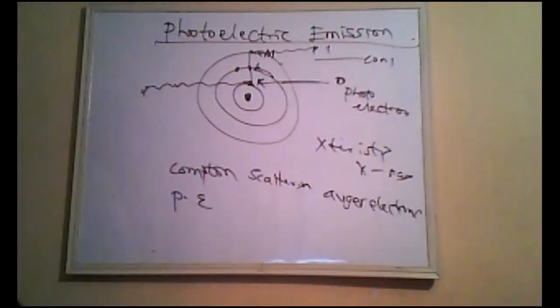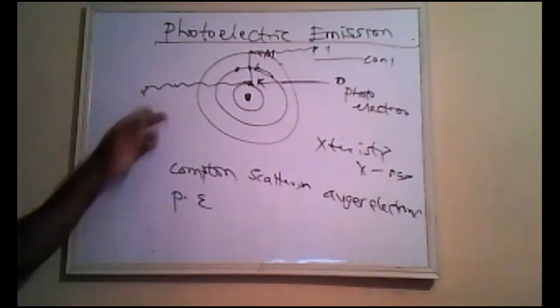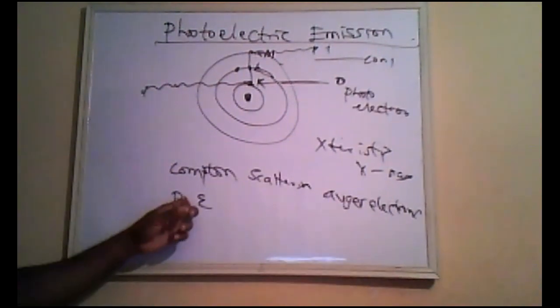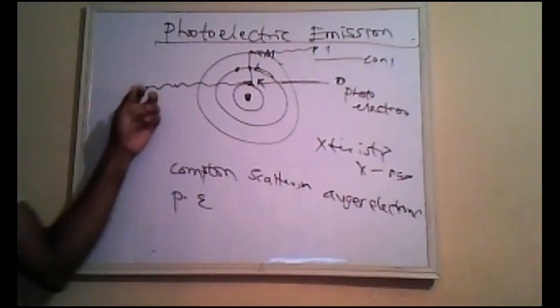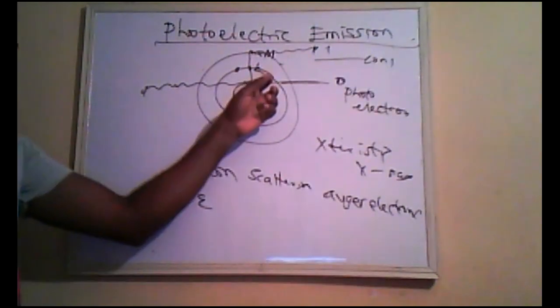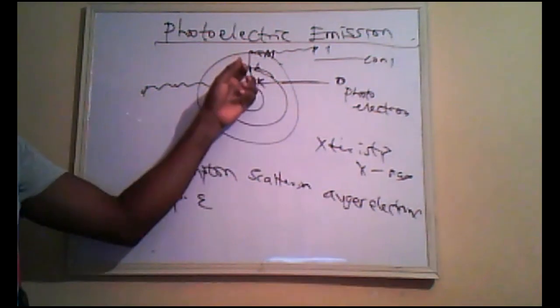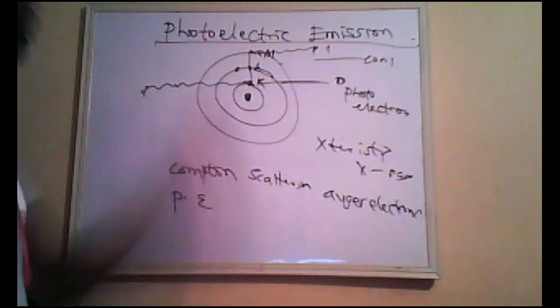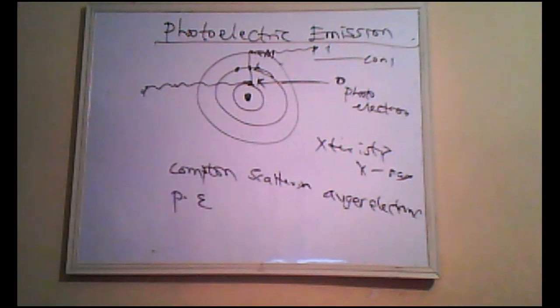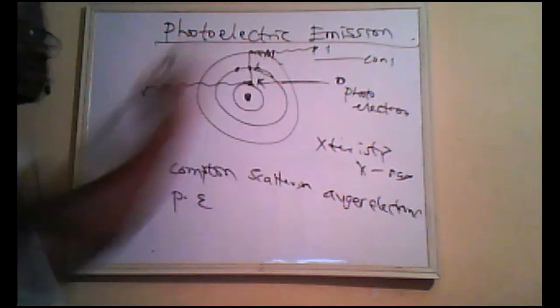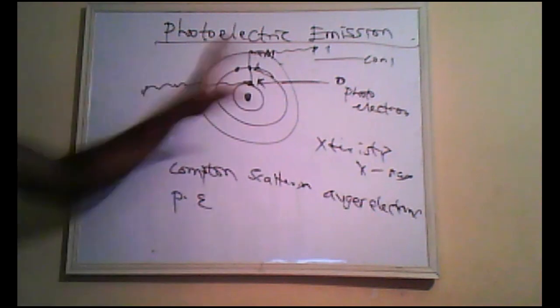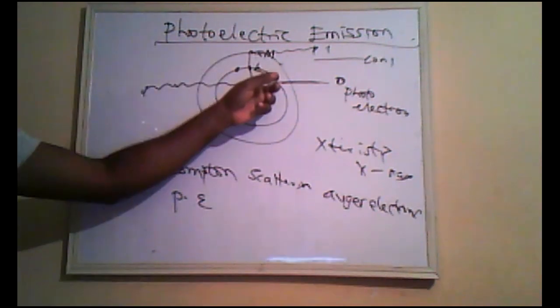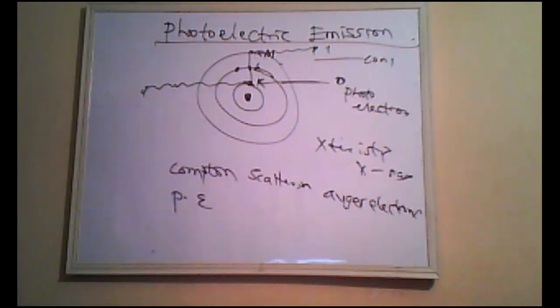Another difference is this: in photoelectric emission, the electrons we are talking about are those in the innermost shell, most especially the K shell. We do have some photoelectric emission that occurs with other shells, but the most common ones are K shell electrons being ejected from the atom.